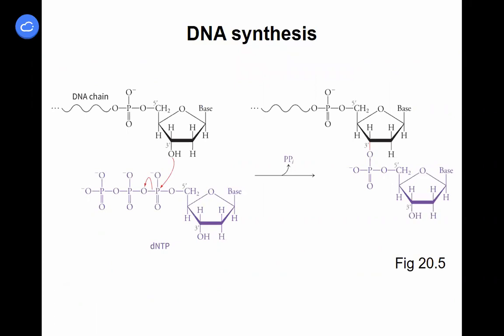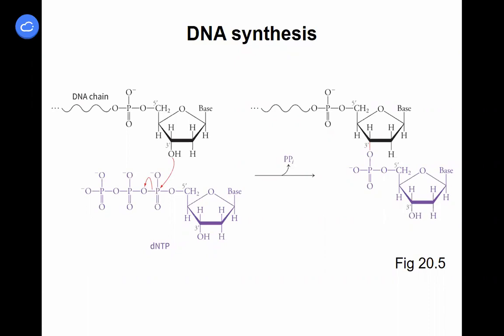The reaction itself is shown here. Here's a deoxynucleotide. You get a deoxy NTP that has 3 phosphates on it. And here's the 3' end, right? And I underscore this: it's always 5' to 3'. What we mean by that is the new bases are added to the 3' end of the growing strand.